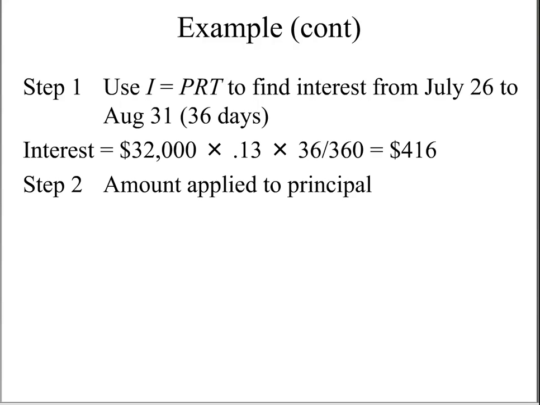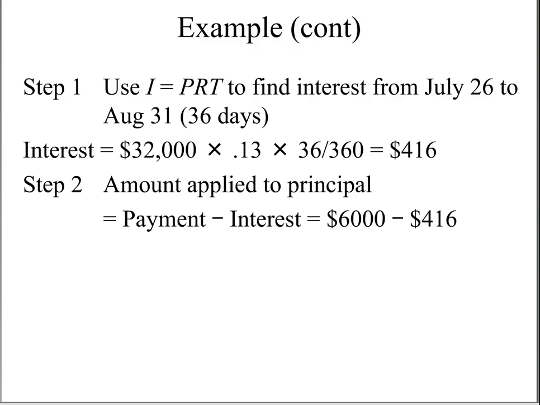Now we need to figure out how much money is going to be applied to our principal. I take that $416 and subtract it from my partial payment of $6,000. When I subtract it off, I get $5,584. This is the amount that is going to be applied to my principal.